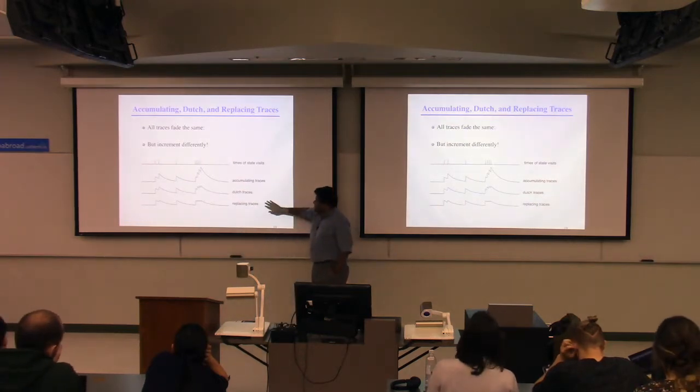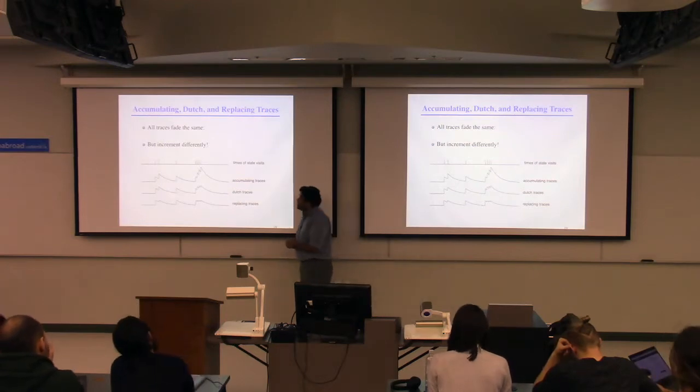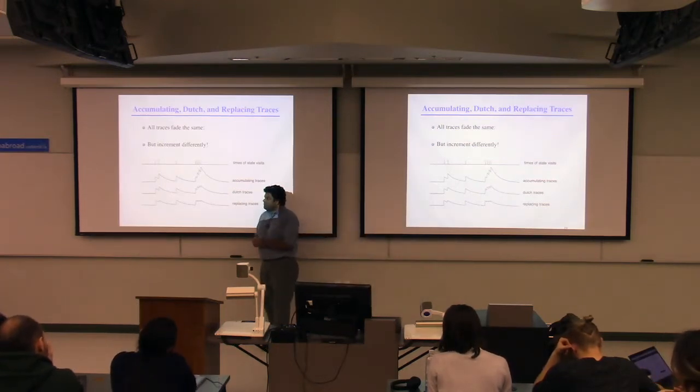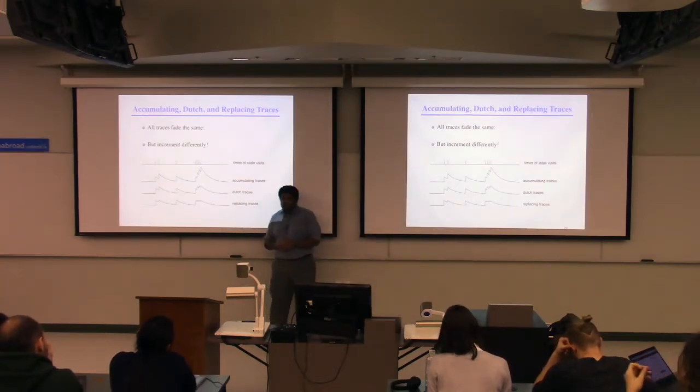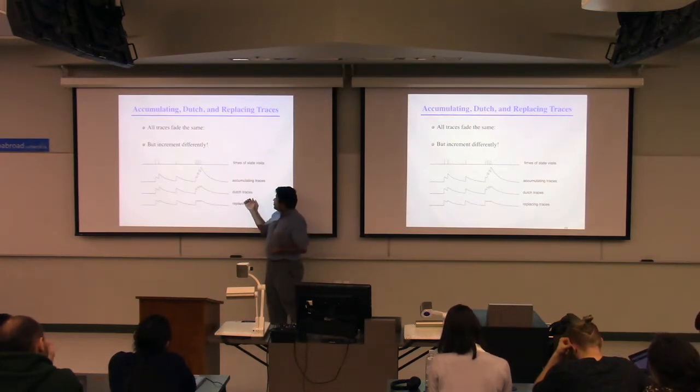Okay, so this is really well behaved. It's bounded. You can bound the norm of the eligibility trace, which means that you can pick an appropriate step size a priori.